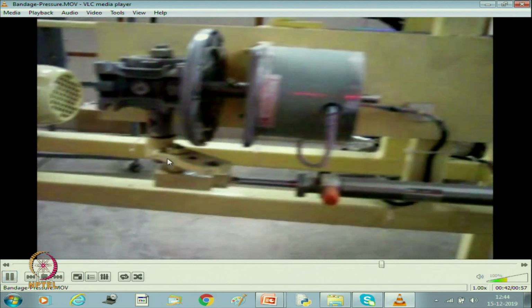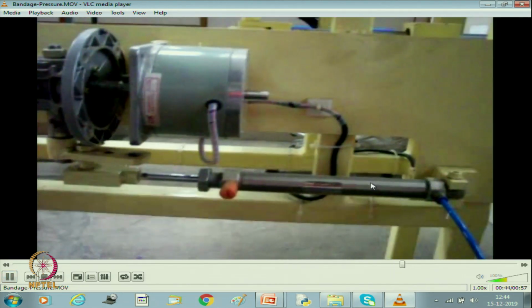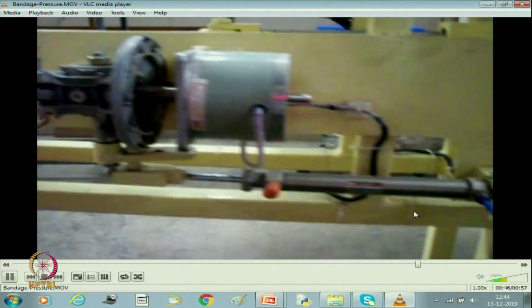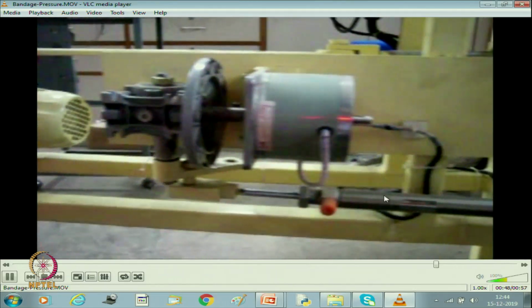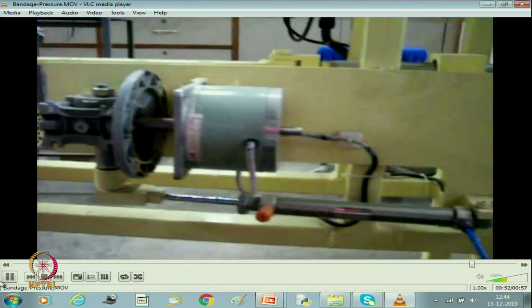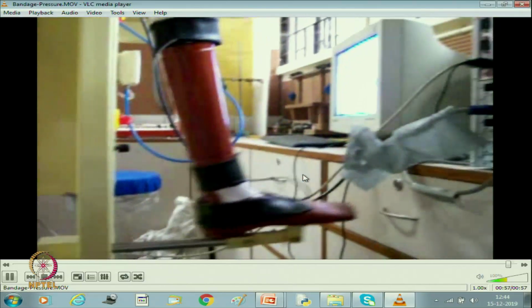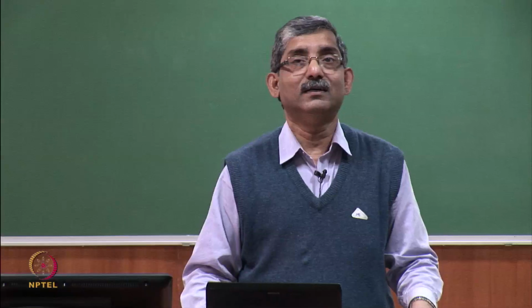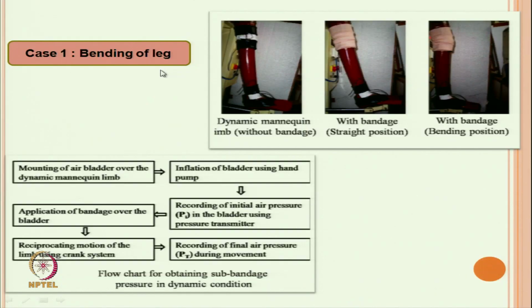This piston is connected with the air, this is the syringe and it is going to the bladder. So, this is simulating the cyclic change in the hardness of muscle. So, bending of leg we have seen.